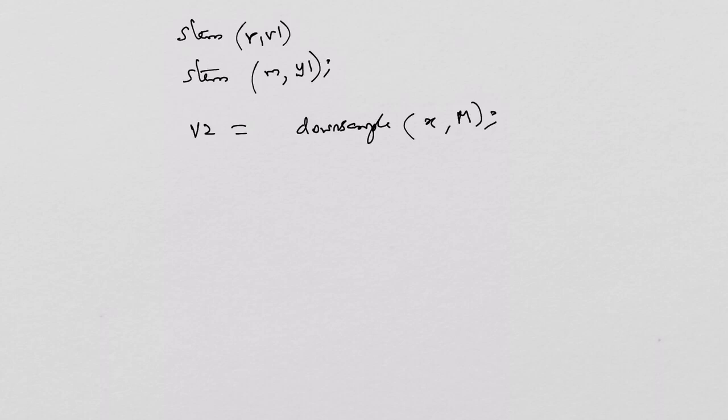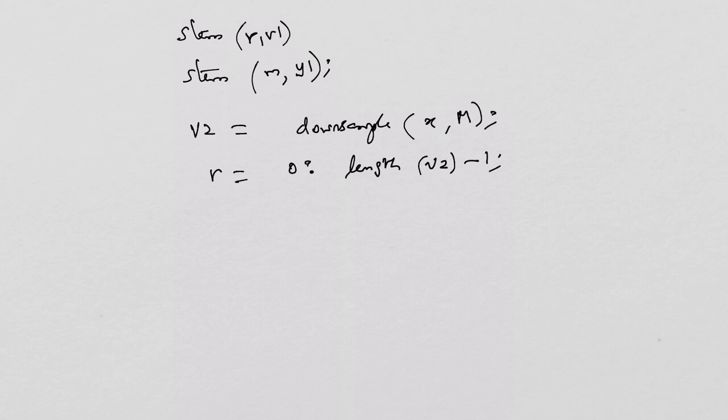Good. Downsampling is carried out. What is the second one? R is defined with initial value 0 and up to length of V2 minus 1. Good.